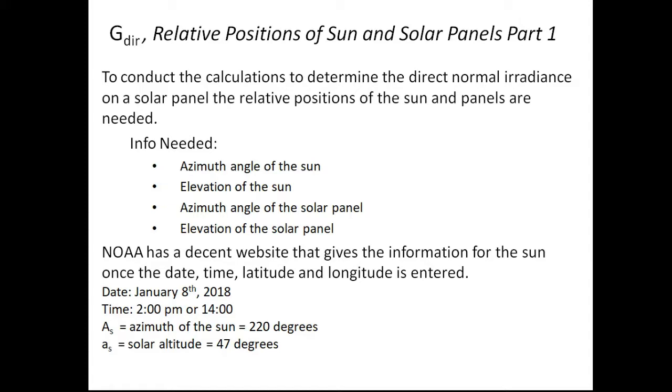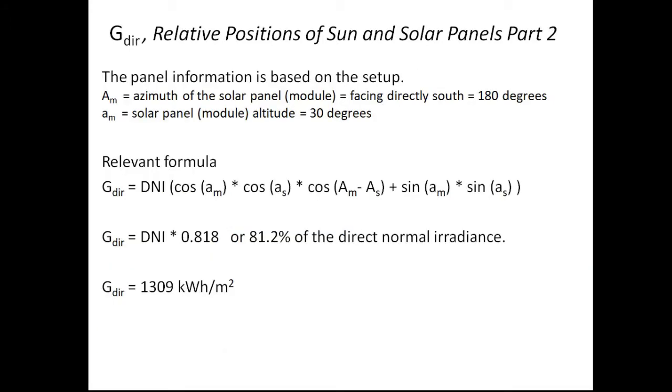The altitude angle, the elevation of the sun, was 47 degrees. The panel information is based upon what I have set up: the azimuth of the solar panel was facing almost perfectly south, so 180 degrees, and the panel was at 30 degrees to the horizontal.